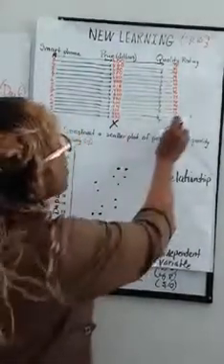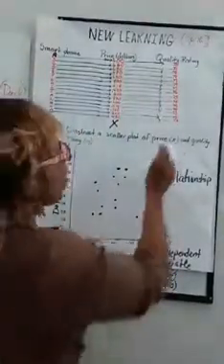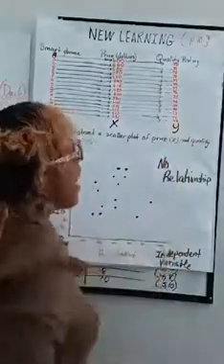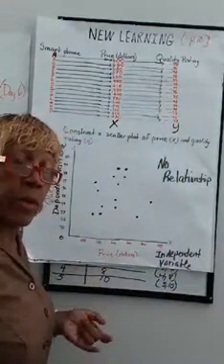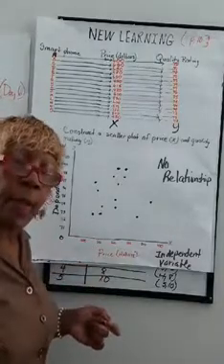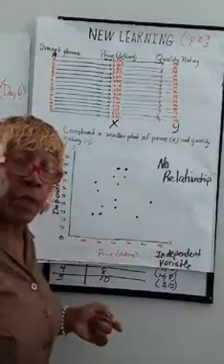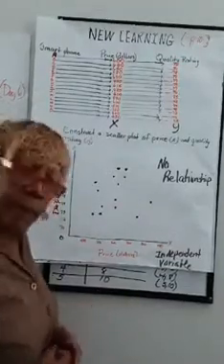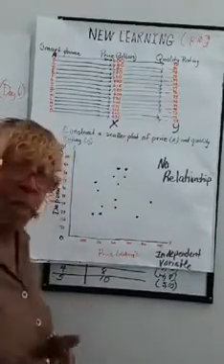Same thing over here. Then you see what scale you can use to create the scatter plot, and you plot your information. That's all you do. All right, moving on.